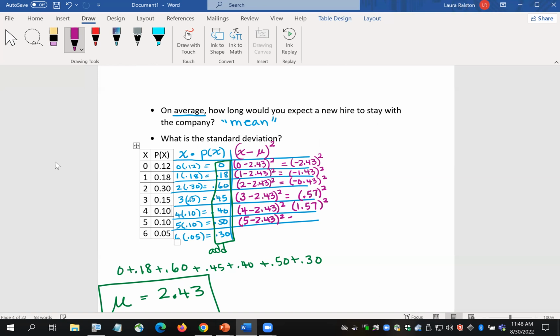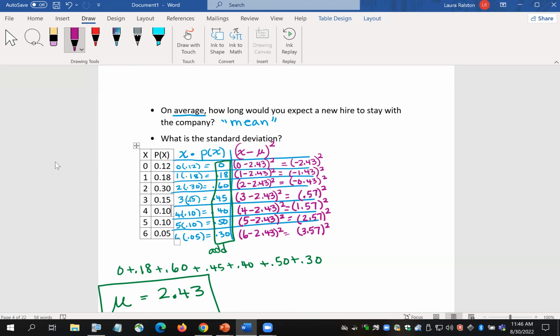We probably could set up an Excel spreadsheet, but that takes some time. But if you wanted to, you could have it do that. 2.57. And then 6 minus 2.43 squared is 3.57 squared.